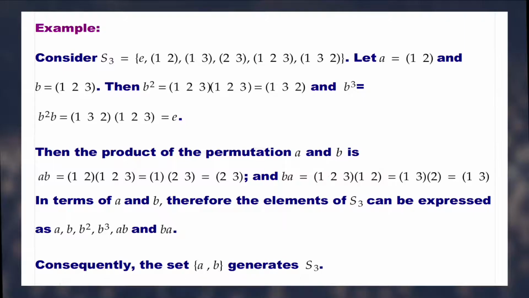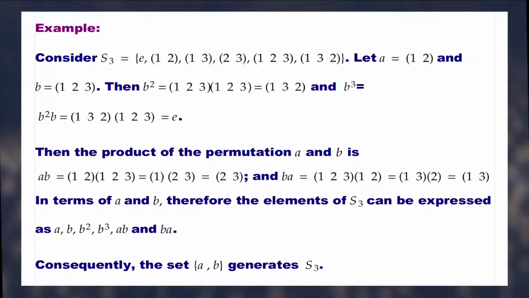Let's clarify this with an example. Consider S3 equal to {e, (1 2), (1 3), (2 3), (1 2 3), (1 3 2)}. Let a be equal to (1 2) and b be equal to (1 2 3). Then b squared is equal to (1 2 3) times (1 2 3).